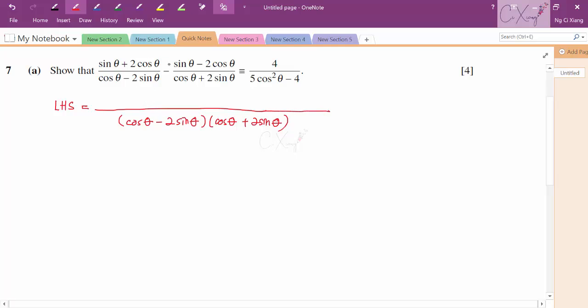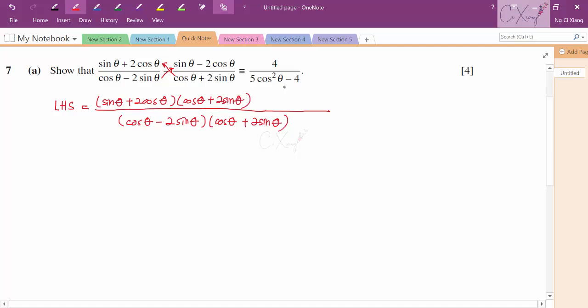After that, for the numerator, you need to cross multiply this to the top and this one to the top as well. If I write it in detail, it will look like this: sine theta plus 2 cos theta multiplied by cos theta plus 2 sine theta.